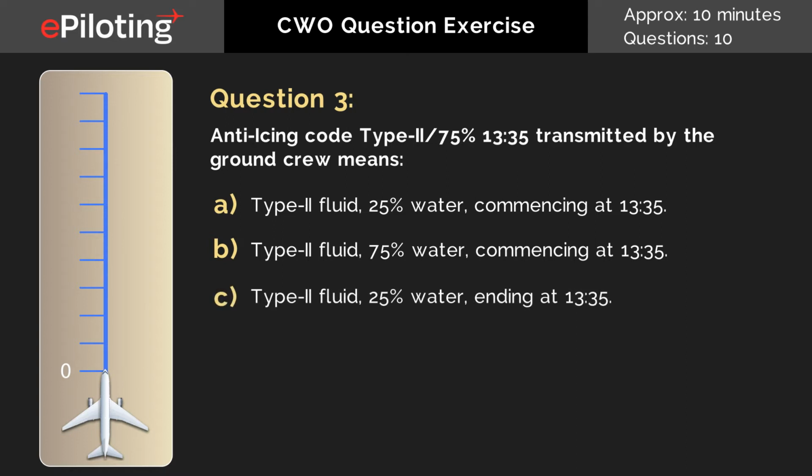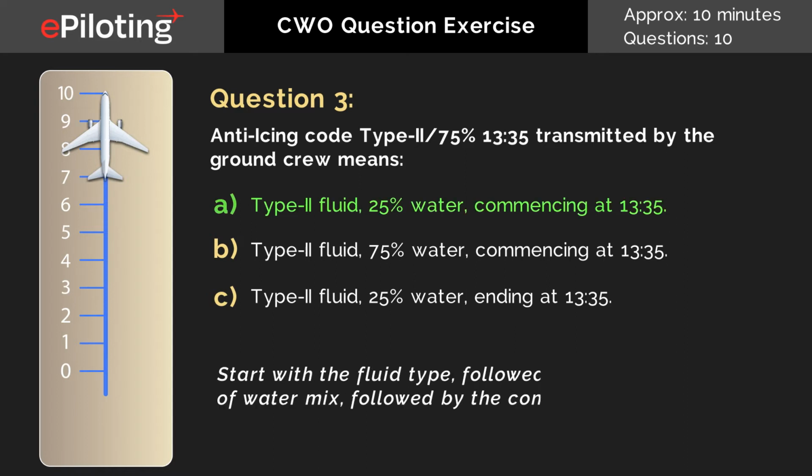C. Type 2 fluid, 25% water, ending at 1335. The correct answer is A. Start with the fluid type, followed by the percentage of water mix, followed by the commencement time.